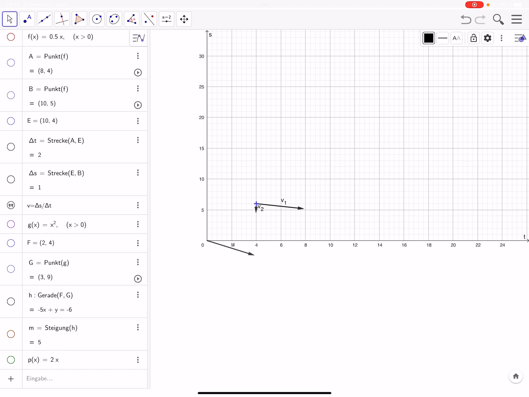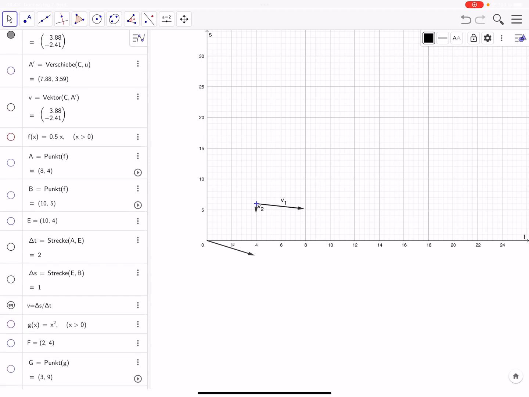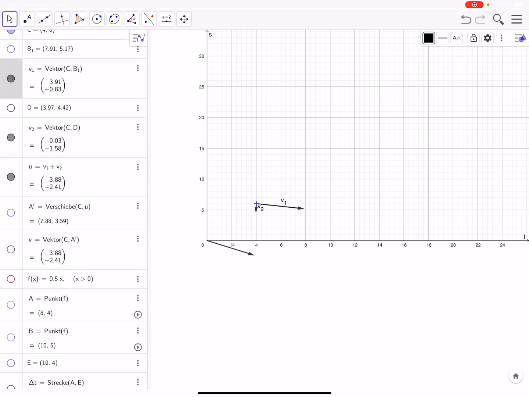That's what we know from maths. So we put the origin of the vector into that object that was indicated, and that's where we end up.